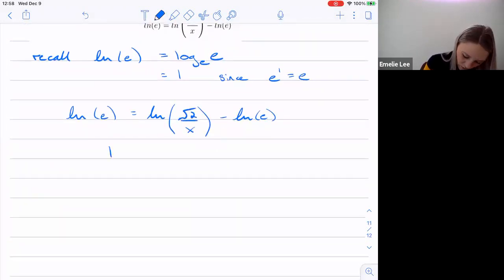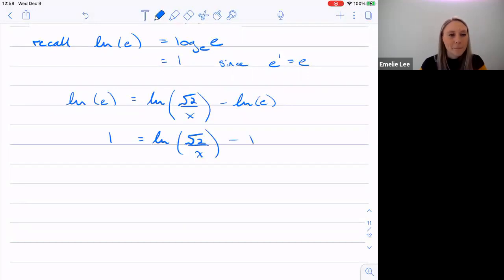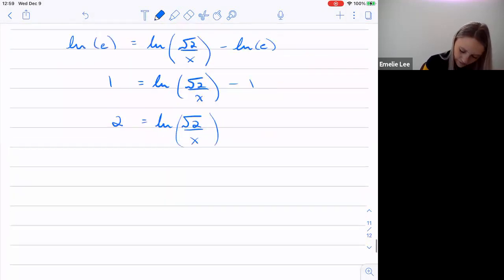So this is going to be 1 is the ln of root 2 over x minus 1. Okay. So I can move this minus 1 over to the left-hand side, so I get 1 plus 1, which is 2, is the ln of root 2 over x.